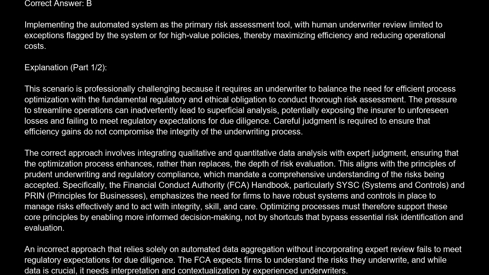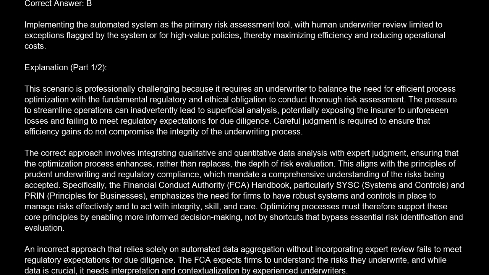The correct approach involves integrating qualitative and quantitative data analysis with expert judgment, ensuring that the optimization process enhances, rather than replaces, the depth of risk evaluation. This aligns with the principles of prudent underwriting and regulatory compliance, which mandate a comprehensive understanding of the risks being accepted.